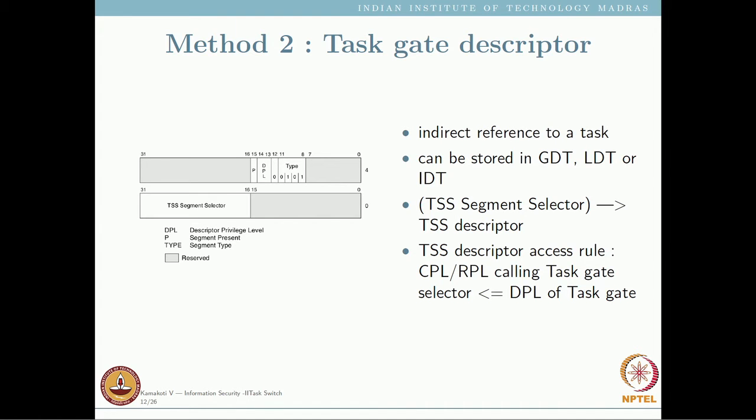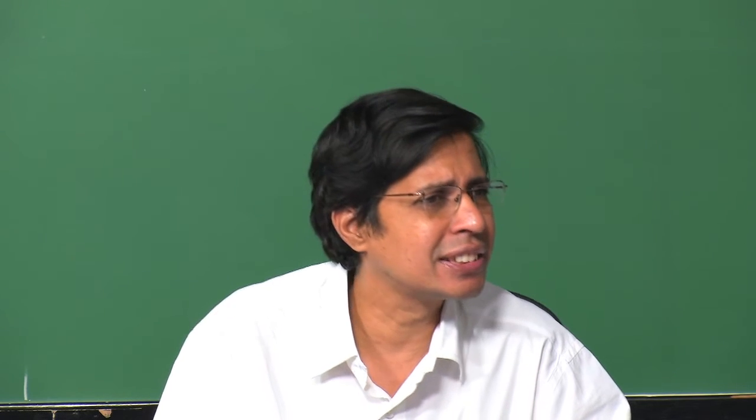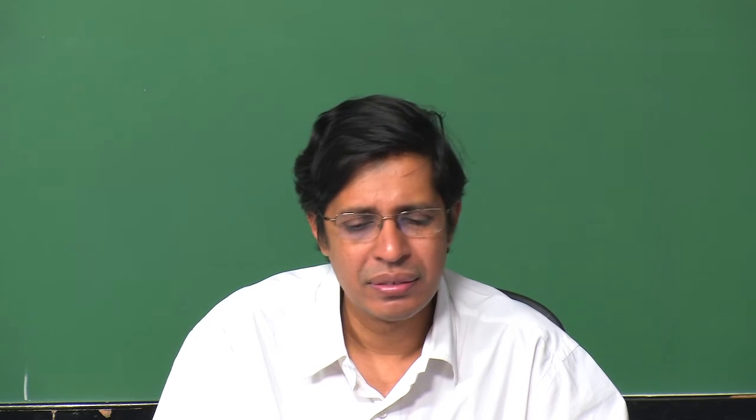Can anybody tell me why you need this? So I can do it at the TSS descriptor level. If you say I can make it more secure, then I can make it happen in the TSS descriptor stage itself. But in this, it will always keep track of which process is accessing that.